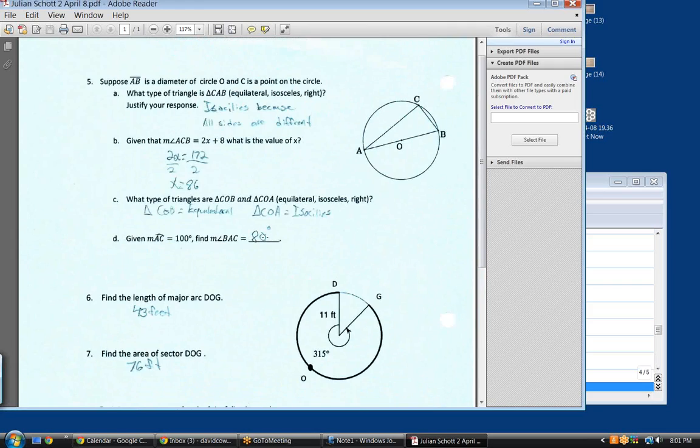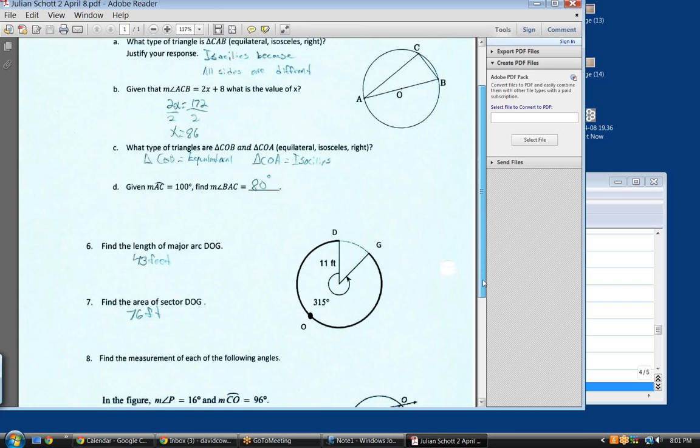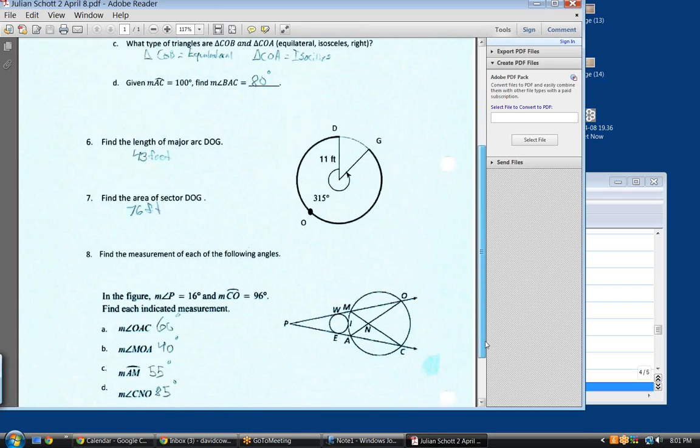Yeah, you need to change that to 40. Okay. Because they're talking about this angle down here, not that arc length. In other words, make sure you distinguish between angles and arc lengths on these problems. That little curve thing means arc length. The angle means measurement of angle. All right. So let's look at 6.